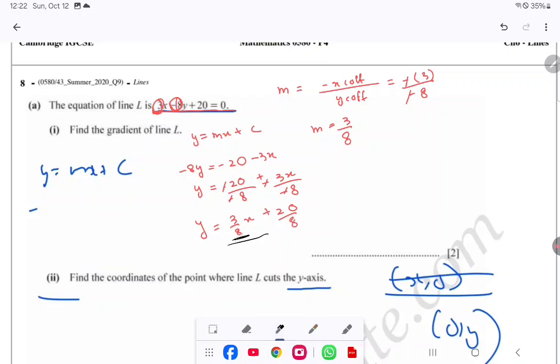This is our value of m, this is our value of c, this is the gradient or slope, and the equation of line will become 3 over 8 x plus 20 over 8. This is our slope gradient.